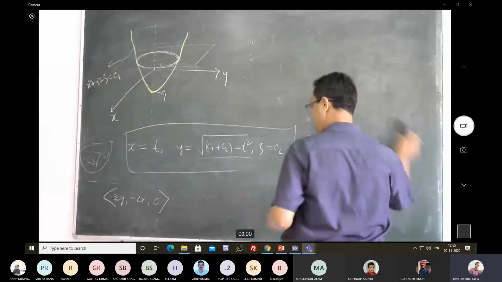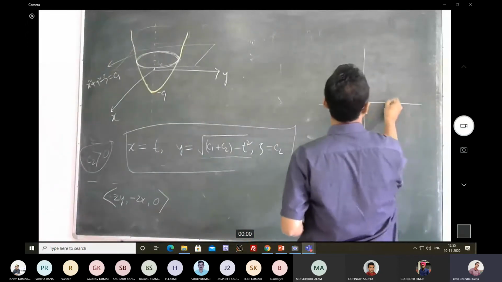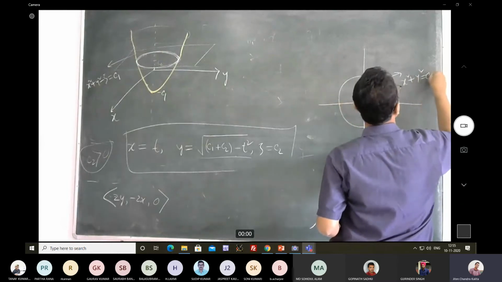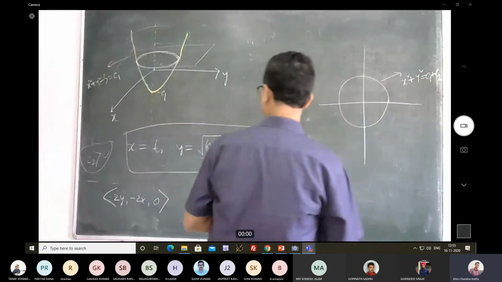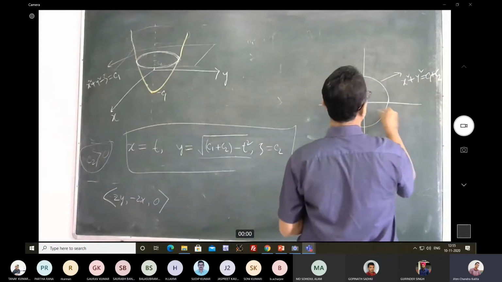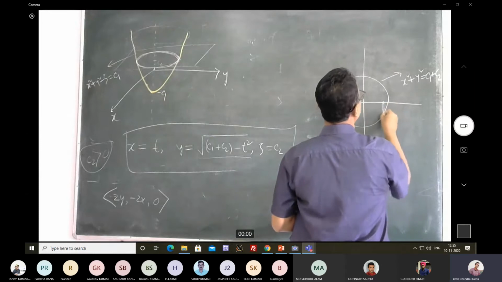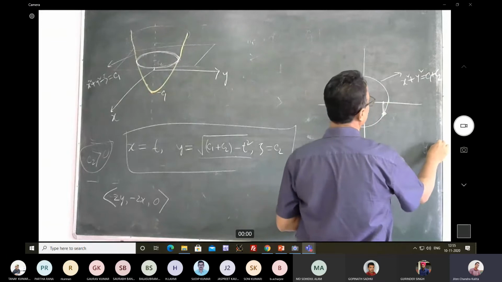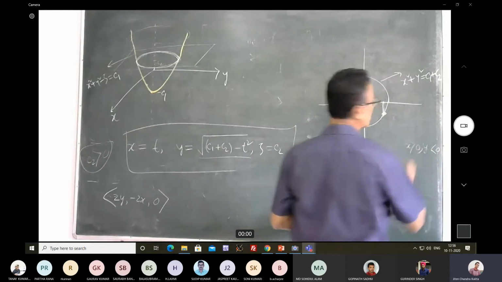Now suppose I am considering this circle, x squared plus y squared equal to C1 plus C2. Suppose I have taken this particular point. At this particular point, you can see that the y coordinate is less than 0, and the x coordinate is greater than 0, right?